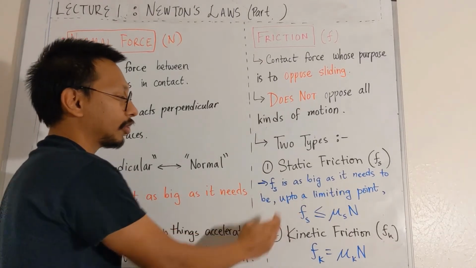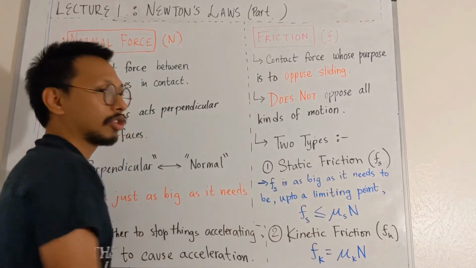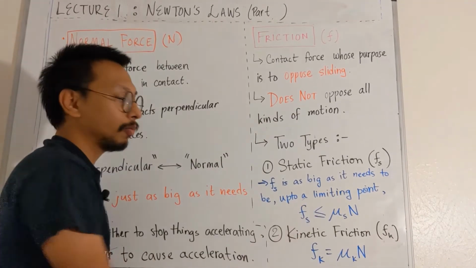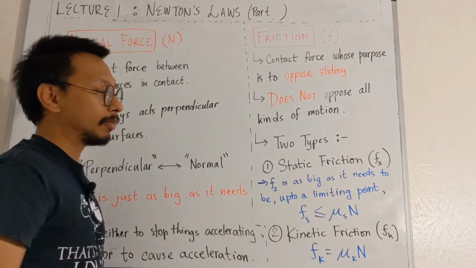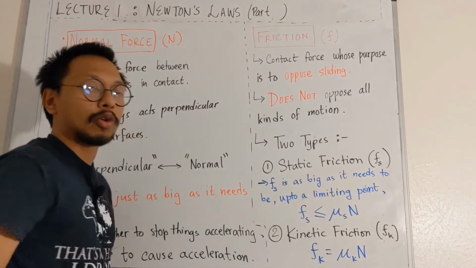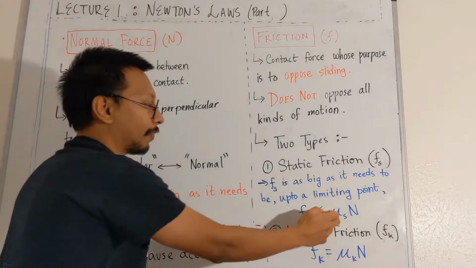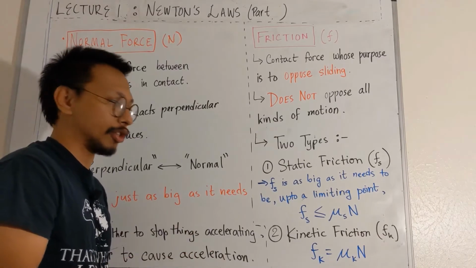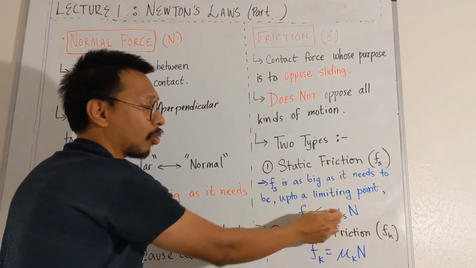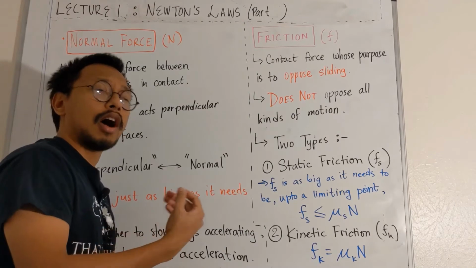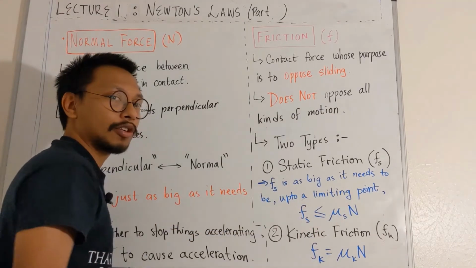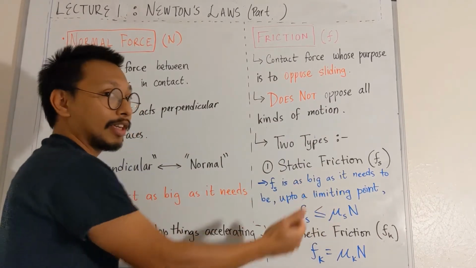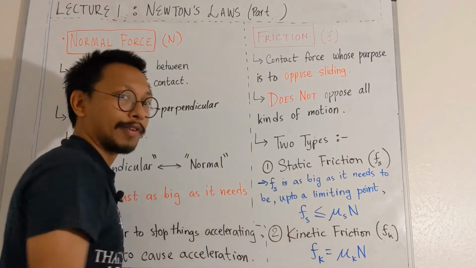And so the definition of static friction is not definite. It is Fs is less than or equal to mu s times N. What is mu s? Mu s is the coefficient of static friction. The coefficient of static friction depends on the surface in question. For example, a wet surface will have a smaller coefficient of friction, while a dry surface will have a higher coefficient of friction.